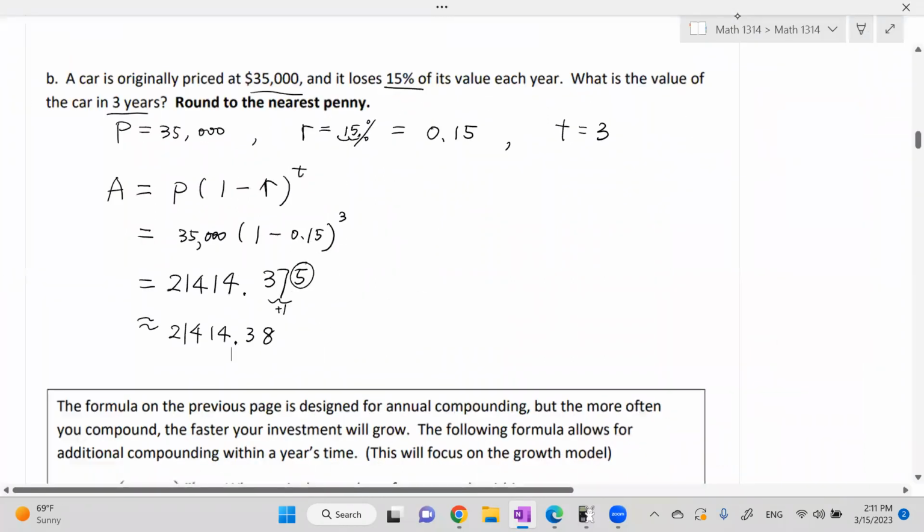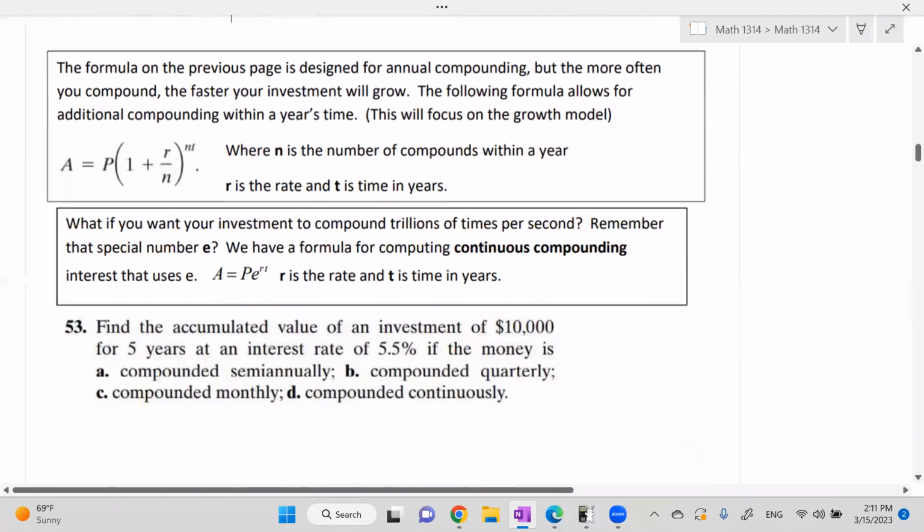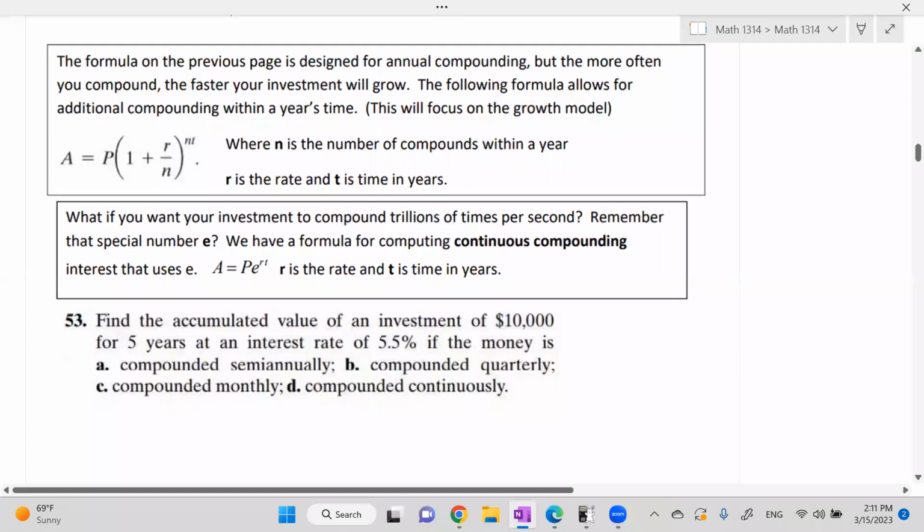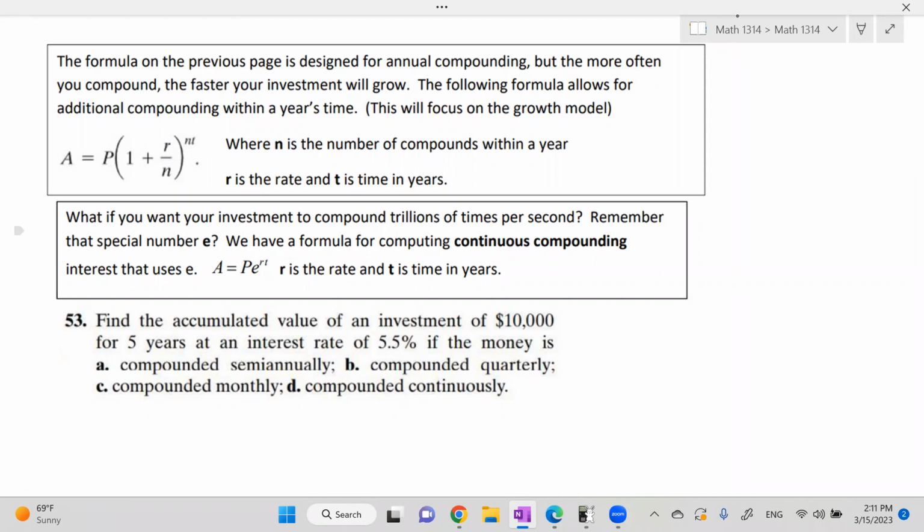Okay. All right, welcome back. The formula on the previous page is designed for annual compounding, but the more often you compound, the faster your investment will grow. The following formula is for additional compounding within a year's time.